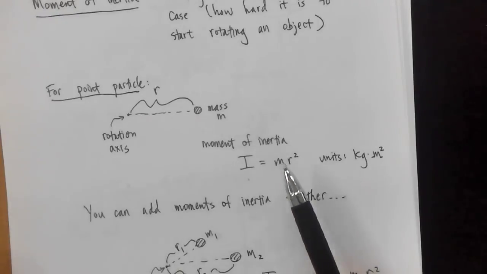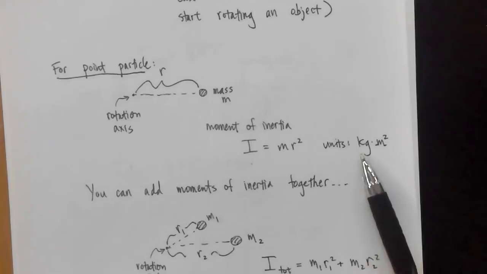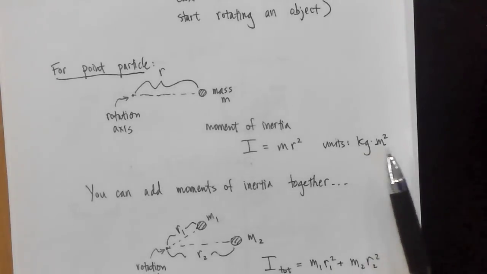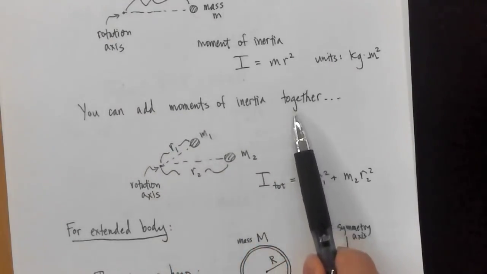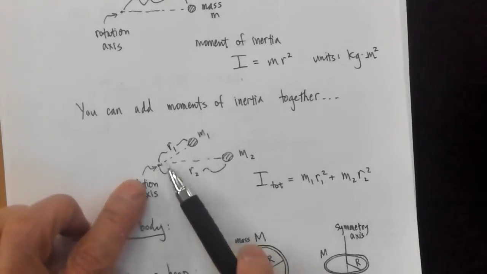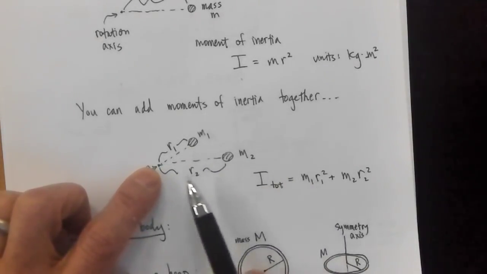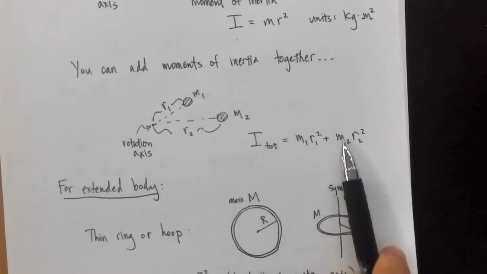This is a very simple formula, m r squared for a point particle. The units for the moment of inertia are kilograms times meters squared. Now we can add moments of inertia together. If we had a system with a couple of masses, then we could say m1 r1 squared plus m2 r2 squared. Any questions about that?